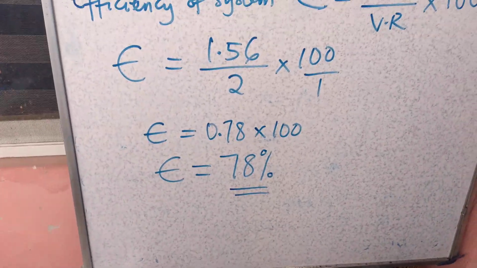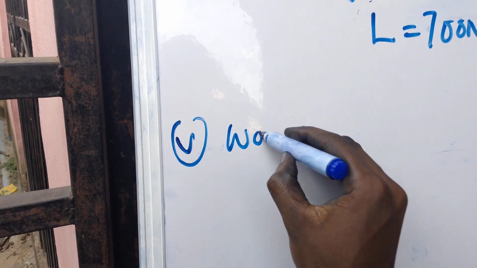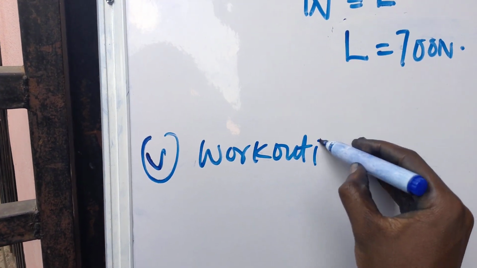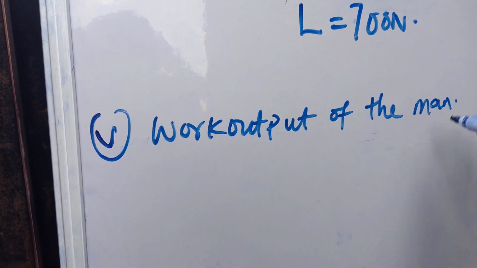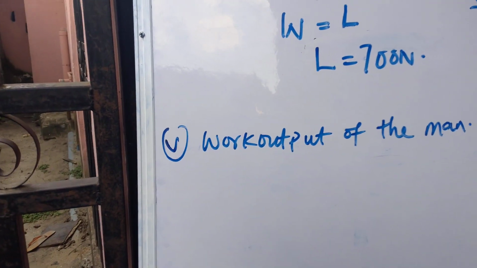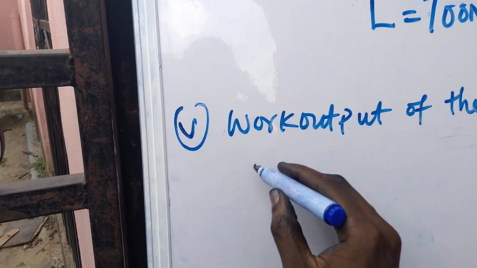That's 78%. And the next thing they say we should solve is the work output of the man. So after finding the efficiency, the next thing is the work output of the man.